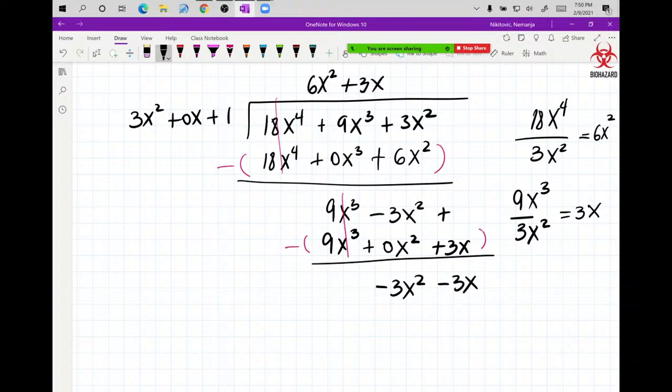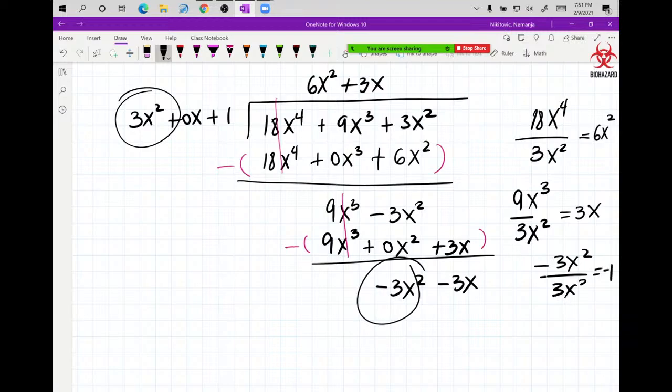Because there is a plus 0x on this, which we didn't write. So 0 minus 3 is negative 3x. So whether you have this 0x or not, doesn't matter. Well, the only thing that it's left is for me to go within these. That's negative 3x squared divided by 3x squared, which is negative 1.